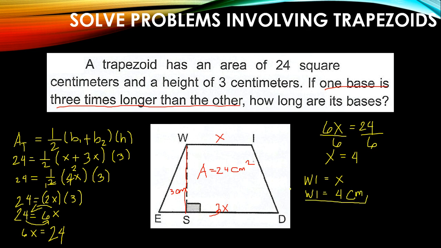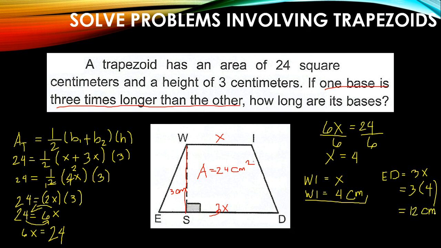Then the other one, which is the lower base, the ED, equals 3x. After that, let's substitute the value of x in 3x. So, that is 3 times 4, which equals 12 cm.